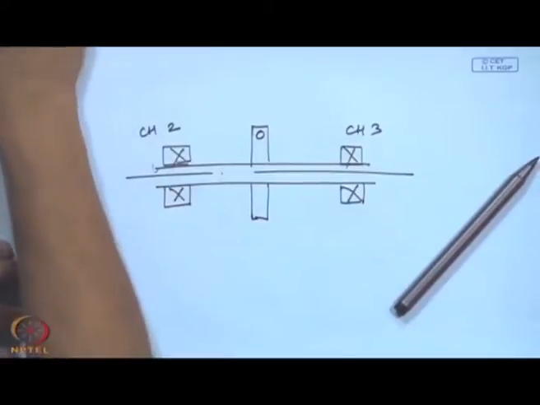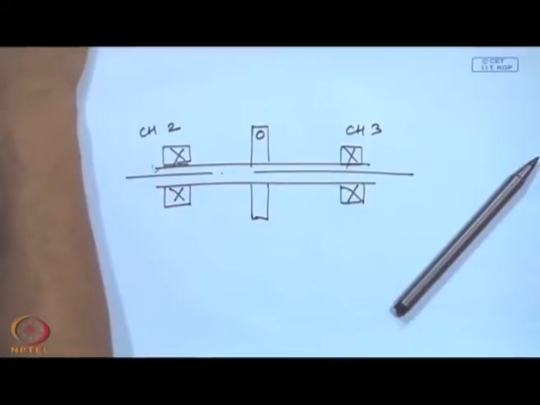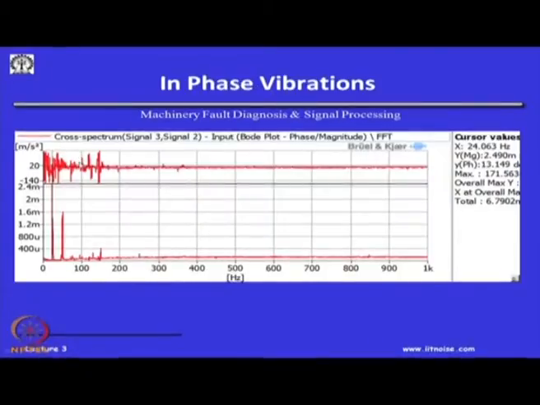Okay. And if I look here, this is the in phase vibrations, and the top plot is the cross spectrum. Cross spectrum establishes the delay between each other. In this case, we have the phase and the magnitude. Most important is the phase here, and this was rotating at 24.06 hertz, close to about 1440 rpm.